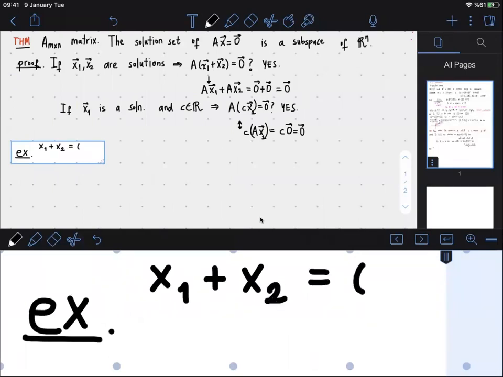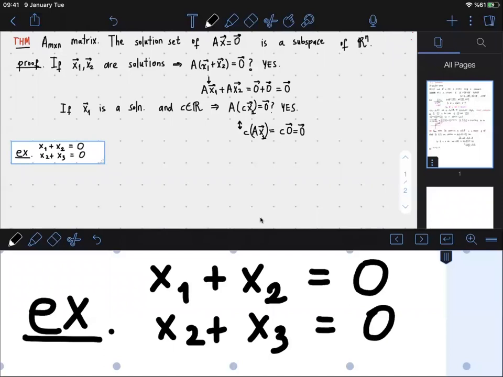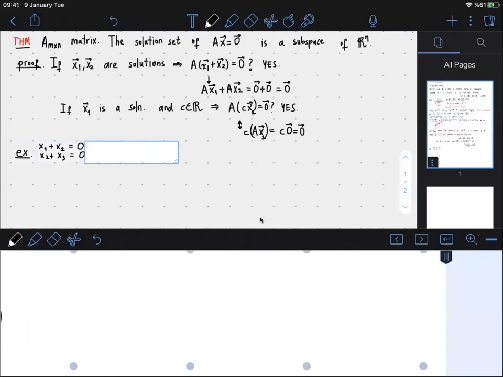I don't want to give a very difficult example. Let's look at the solution set of this system. What is the solution set of this system? Okay, we have two equations, right? Two equations and three unknowns.